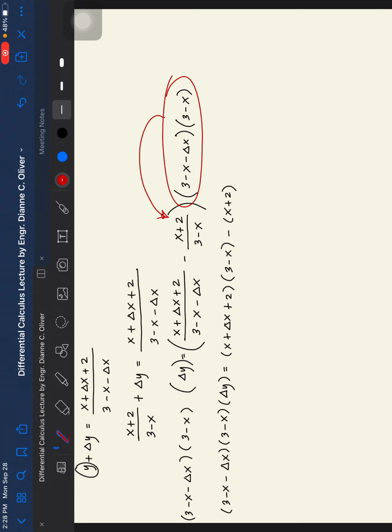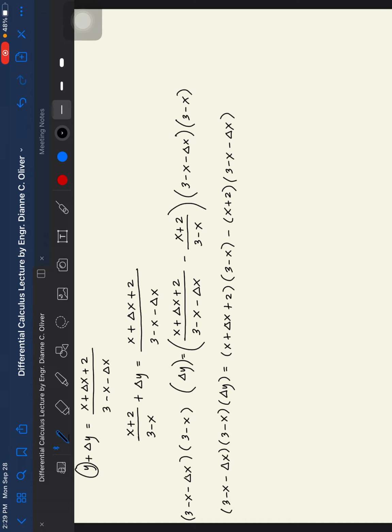When we multiply with the second term, the denominator 3 minus x is similar to the numerator 3 minus x, so we can cancel that one out. What's left to be multiplied with x plus 2 is 3 minus x minus delta x.